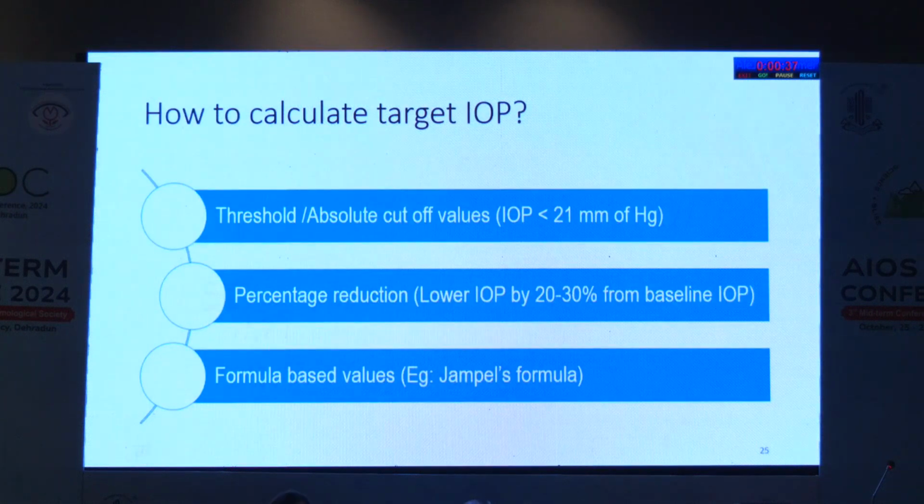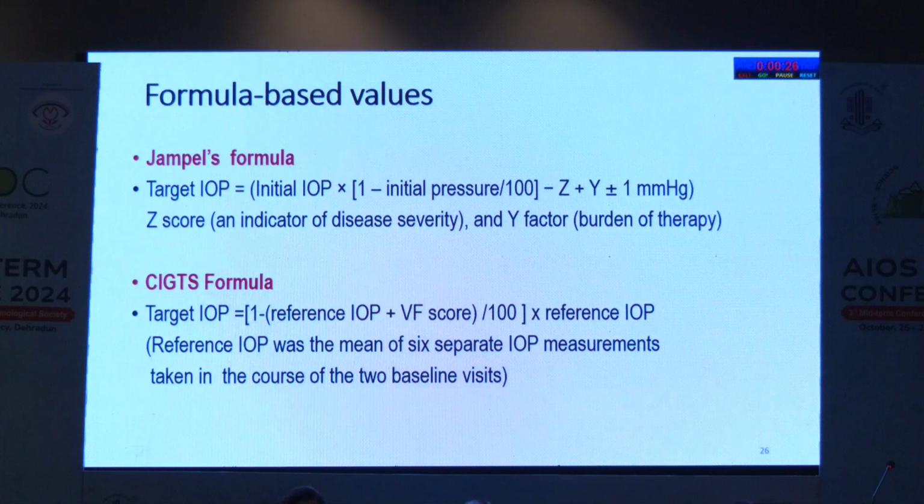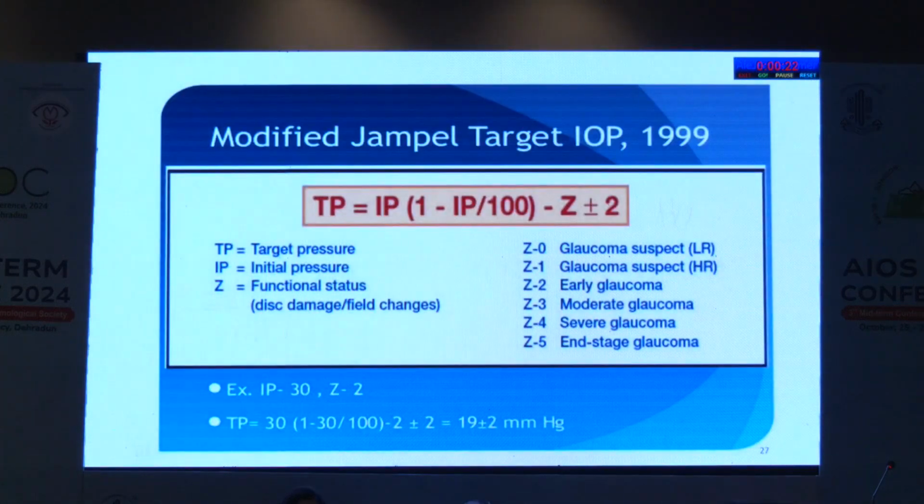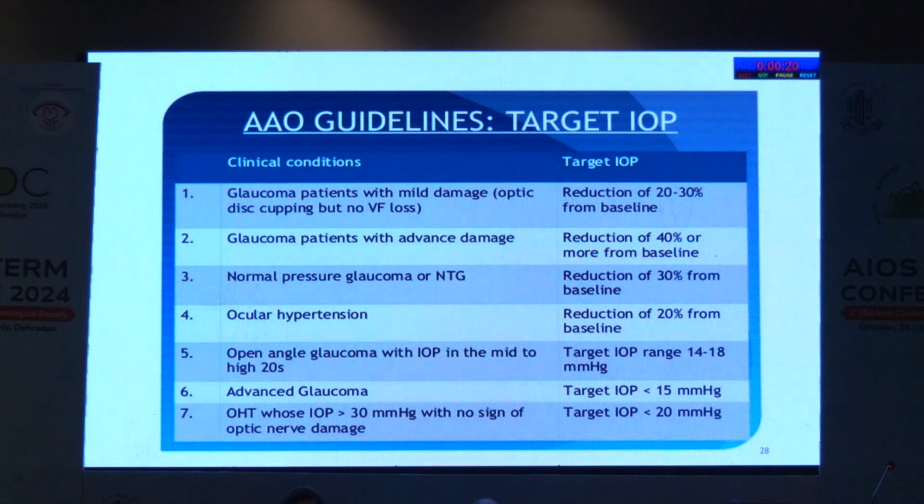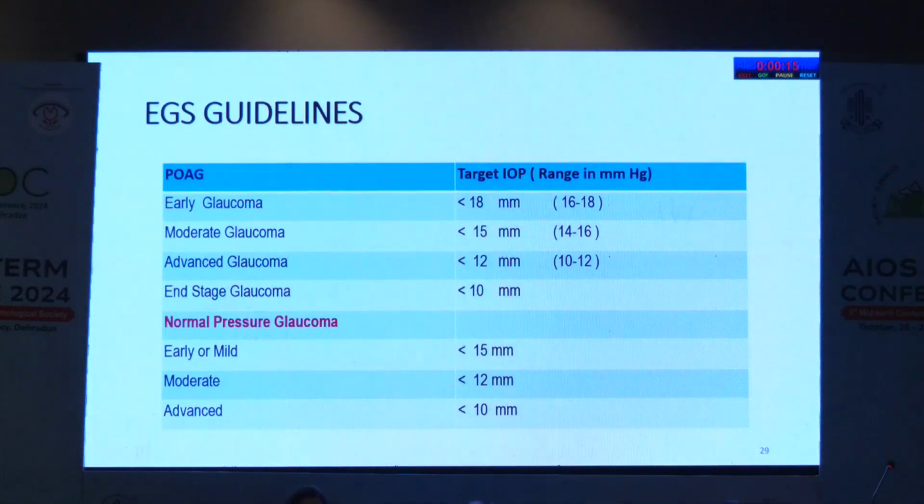And then finally, how to calculate target IOP will be based on your threshold, IOP less than 21, percentage reduction from the baseline, and formula based, which could be JAMPL, CIGTS, and the modified JAMPLs. Then there are the American Academy guidelines, European Society guidelines, more or less the same.